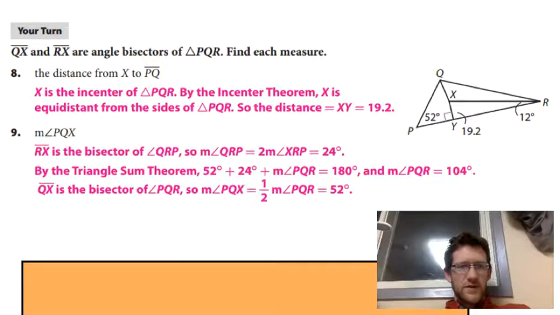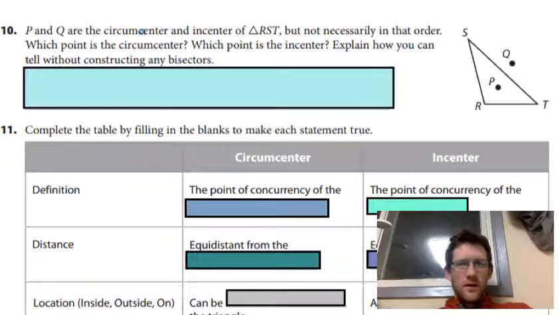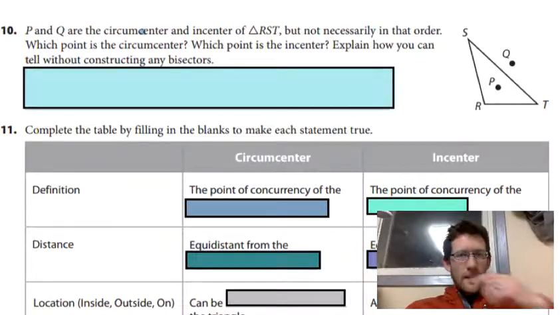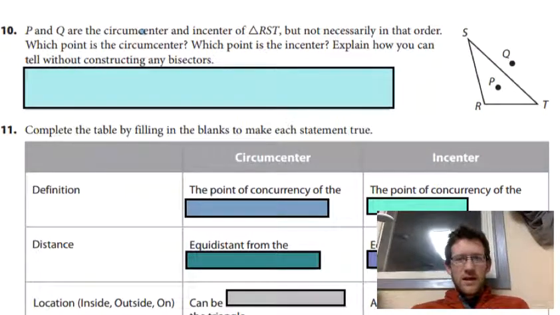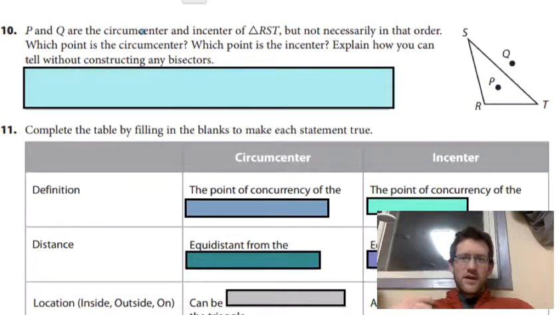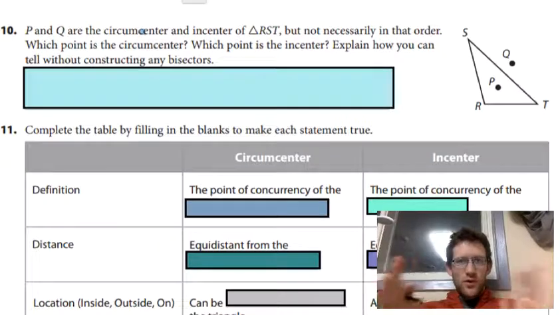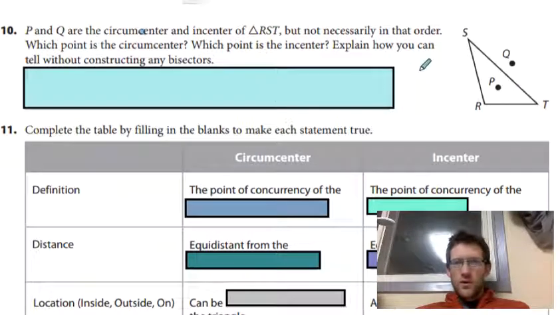Hopefully you got those answers. All right. Last little point is we need to compare our circumcenter with our incenter because it's really important to have these two down. So this picture describes 2 points. One is the circumcenter, one is the incenter.